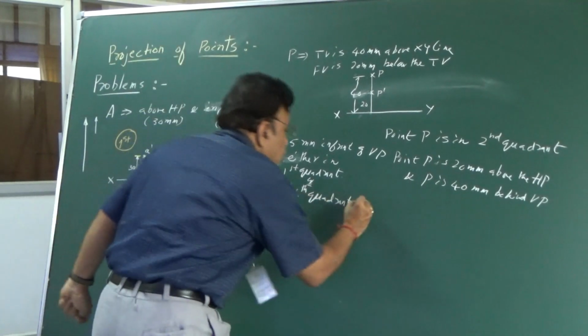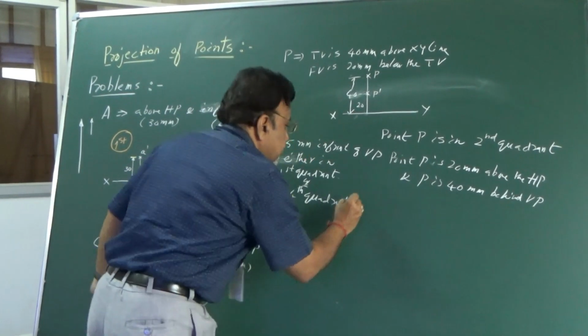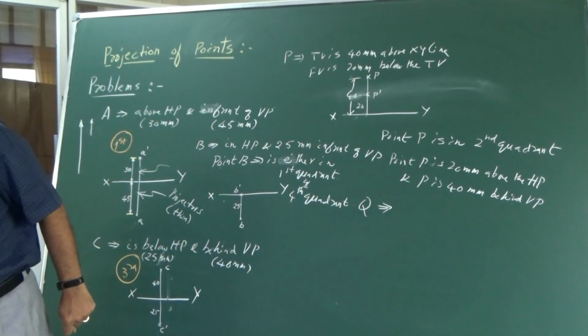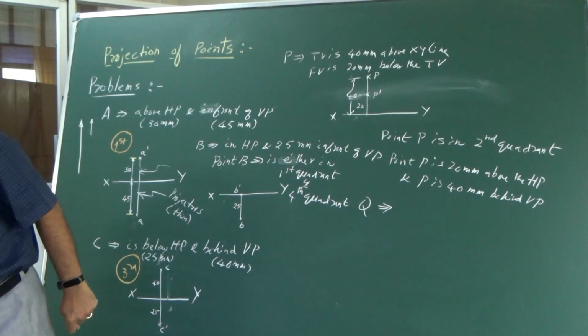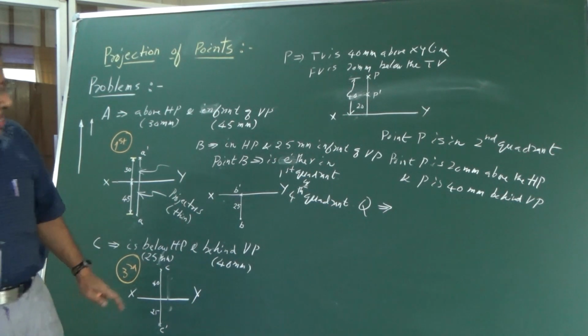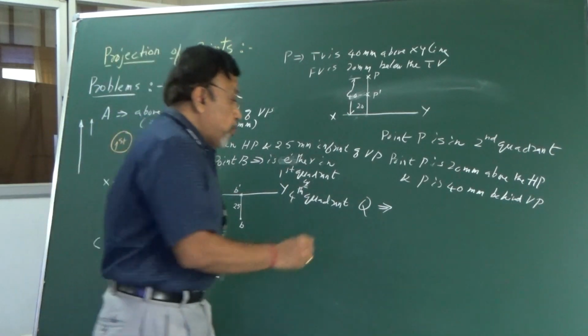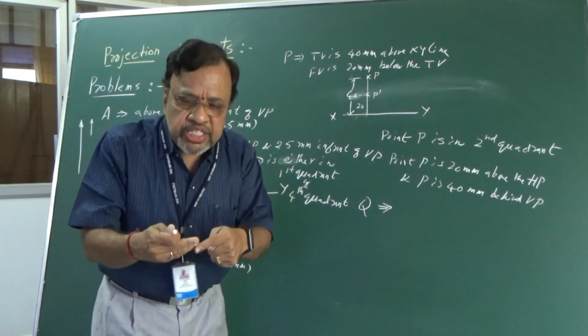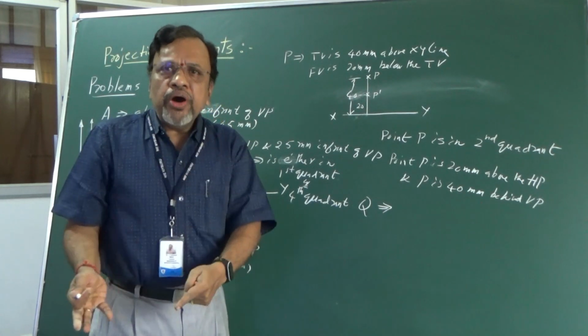Let us say finally I will do one more problem. Let us say we have a point Q. Both its top view and front view coincide and it is below the XY line.